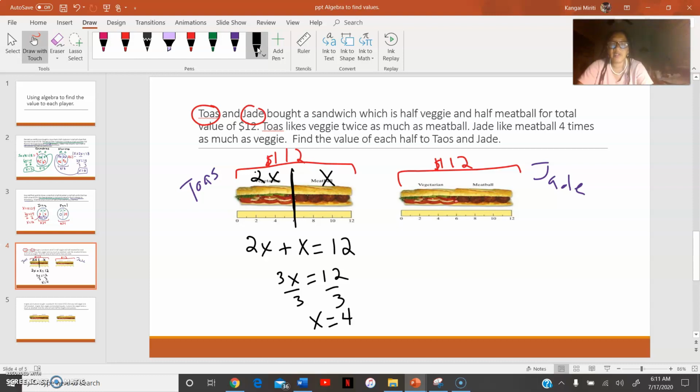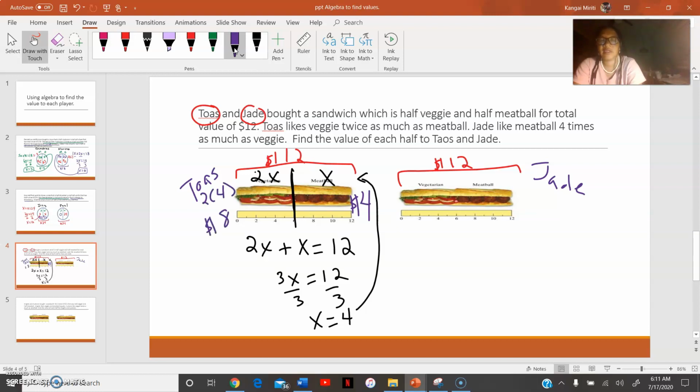So we now know that the x side is worth $4. So this side is worth $4. And what about the vegetarian side? It would be 2 times 4, or twice as much, so $8 here.